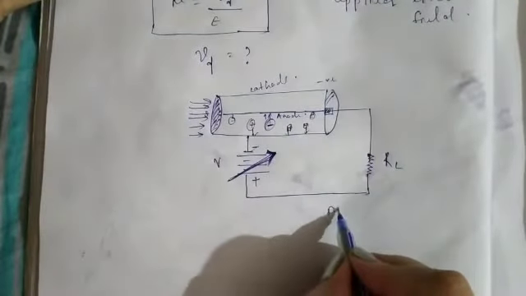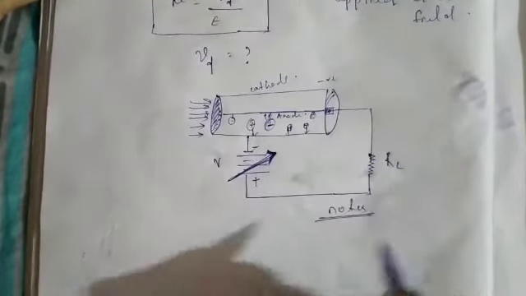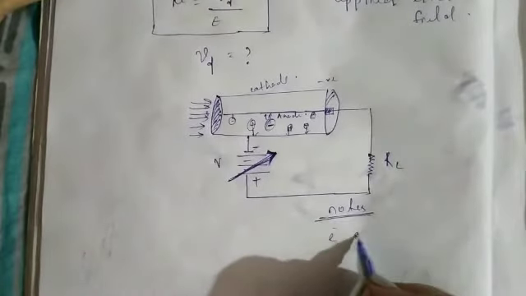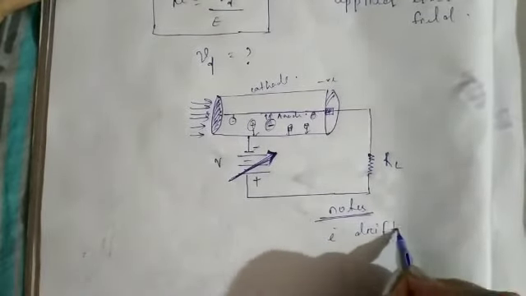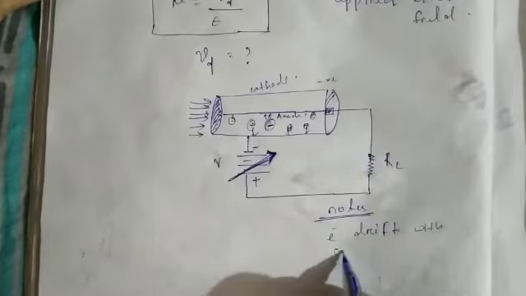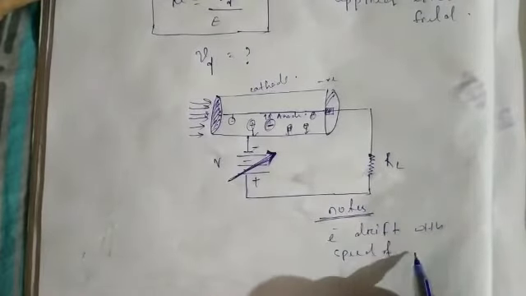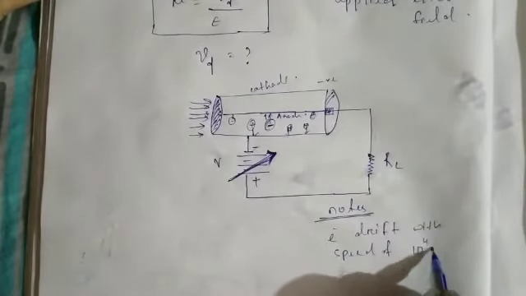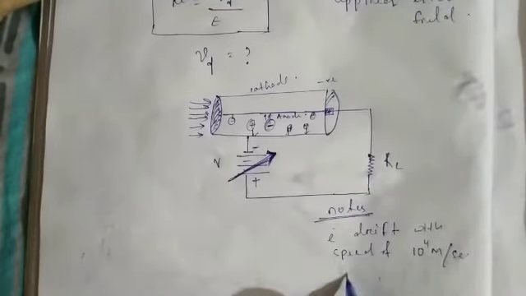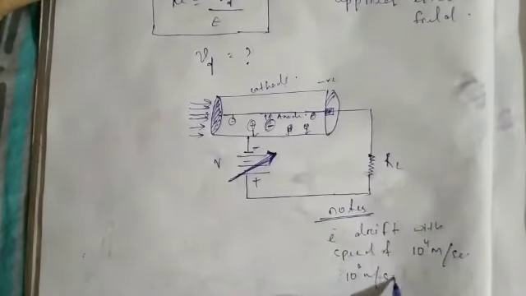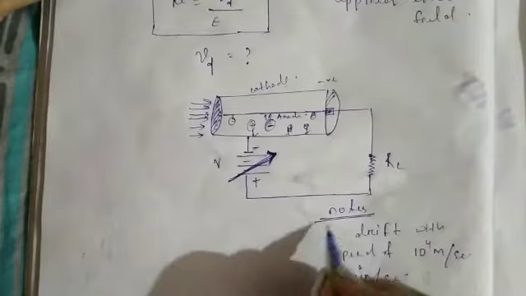Normally there is a small note here. The electrons drift with a speed of 10 to the power 4 meter per second or 10 to the power 6 centimeter per second.